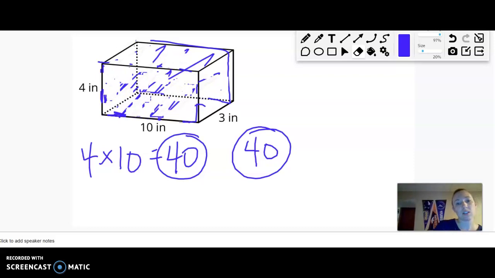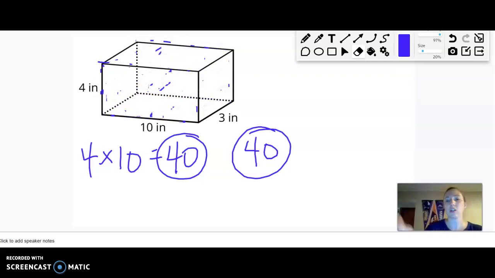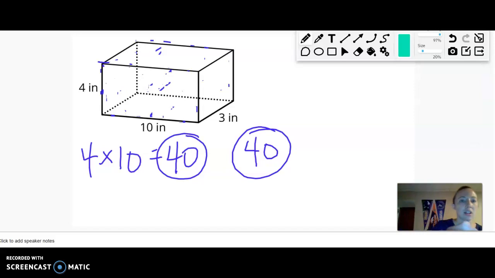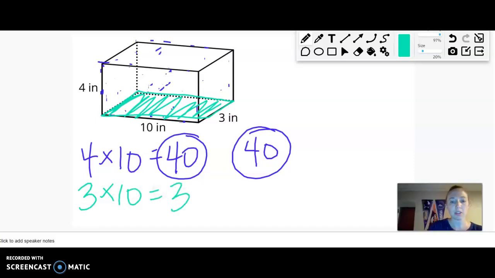I'm going to go ahead and erase this because it'll be easier. So now, find another color. Let's do the bottom and the top. There's the bottom, and now I have 3 times 10, which gives me 30. And the bottom is the same as the top.